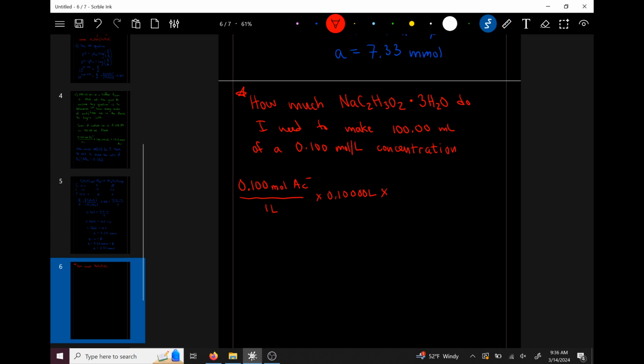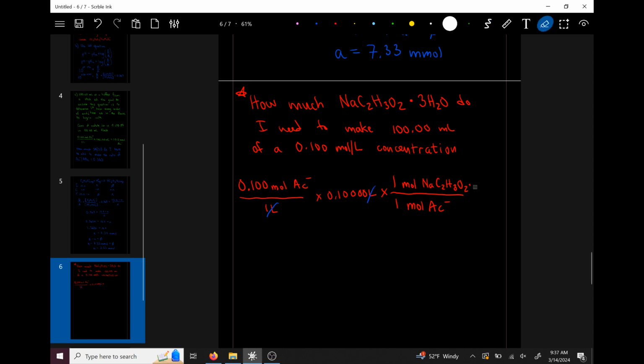So now, in blue, our liters cancel out. And I have to convert this from moles of acetate ion to moles of the solid sodium acetate trihydrate. Luckily, it's a 1-to-1 mole ratio. I am going to show that calculation here. So for every 1 mole of acetate, we have 1 mole of NaC2H3O2 trihydrate, not one hydrate.